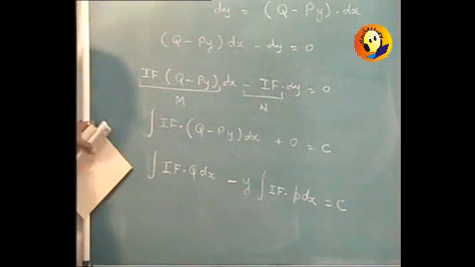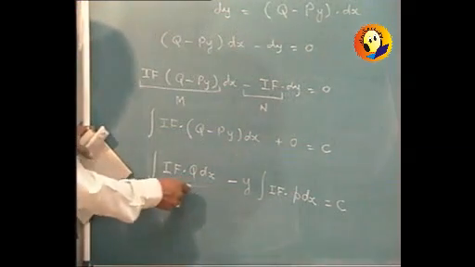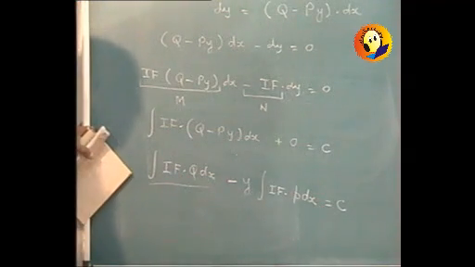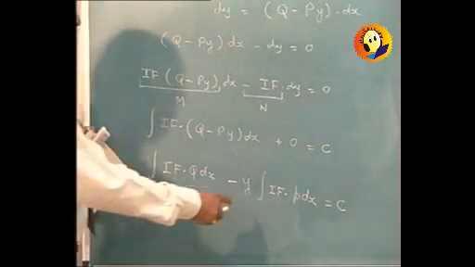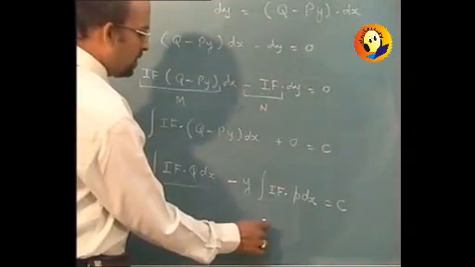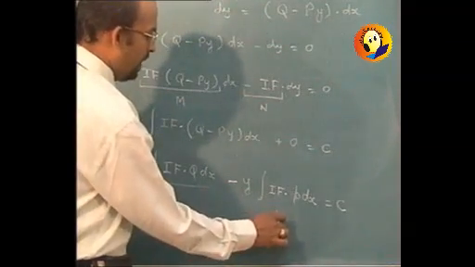Now in this case, this becomes the right hand side, that is integral of IF into Q dx plus c, and on the left hand side we can integrate this IF, because this IF is nothing but e raised to integral P dx.